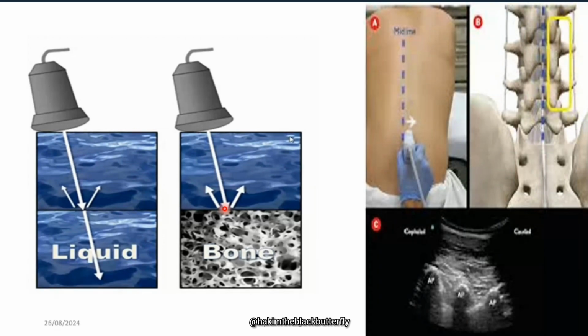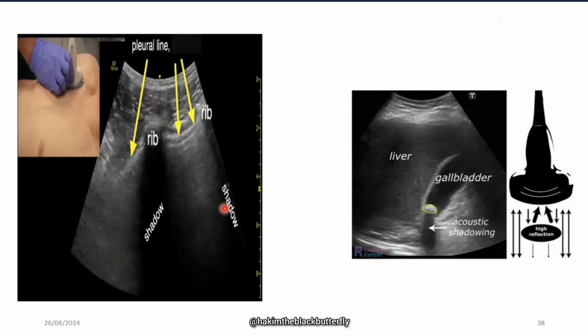So tissue density matters during scanning, as you're going to learn in detail. If you're scanning, let's say, the lungs in the chest, you'll be obstructed by the ribs. The ribs are made up of bone. Bone is a closely packed kind of connective tissue, and you just see shadow beneath the ribs because these beams from the transducer cannot easily go through.